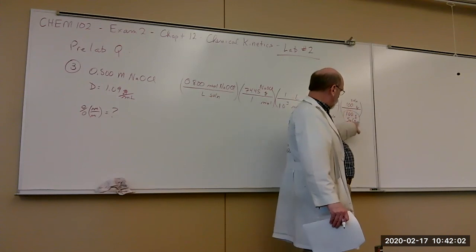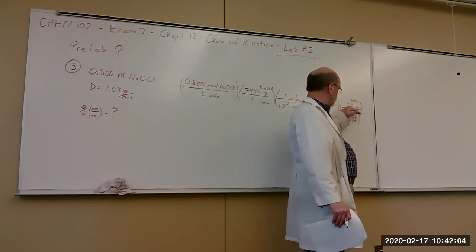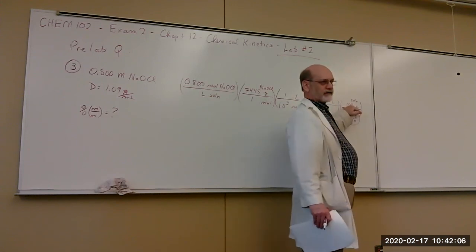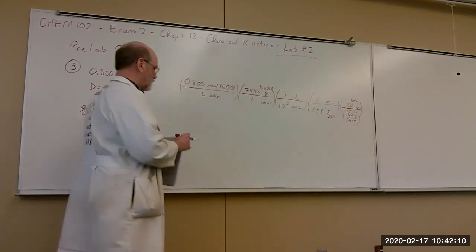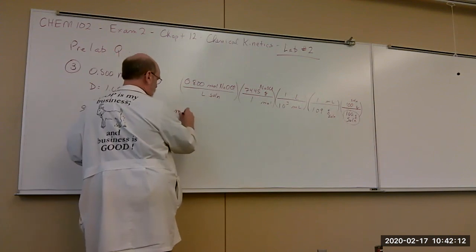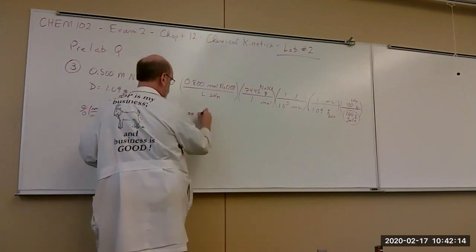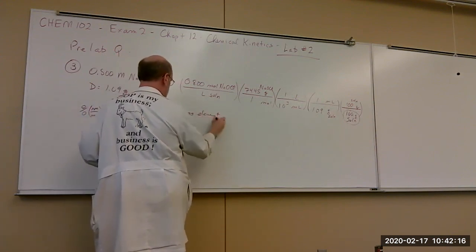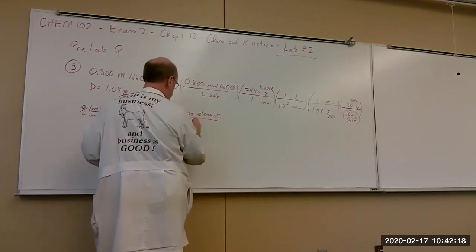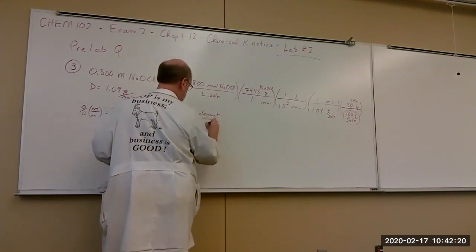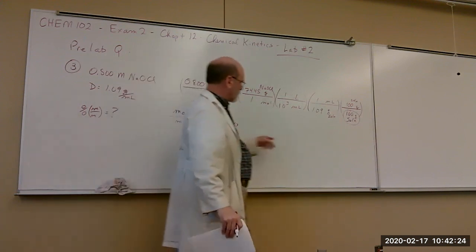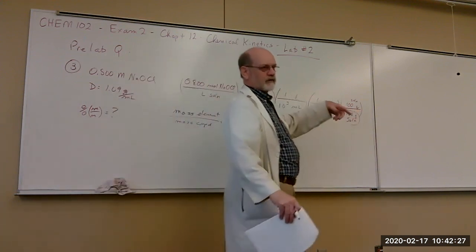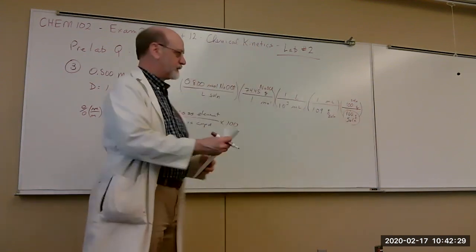But we're going to keep this whole because it's per 100, but we're going to multiply it by 100. Remember when we were doing percent composition? The mass of the element per mass of compound times 100. The reason we multiply it by 100 is because of that factor. We just never explicitly said it.